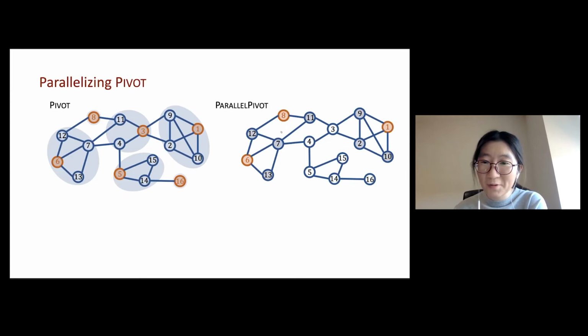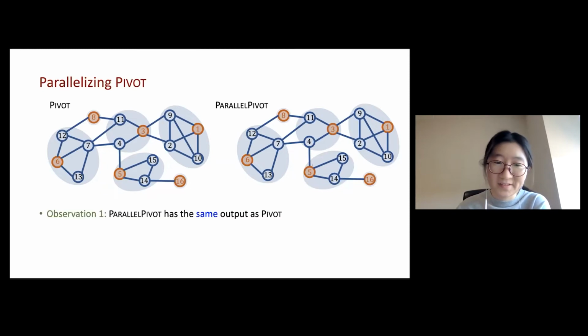And we remove all of them together with all their neighbors. And then in the second round, the only vertex that's a local minimum is this vertex 3. So we mark it as a pivot and we remove it together with its only remaining neighbor 4. And we continue this process in the next round. This vertex 5 is marked as a pivot and we remove it together with its neighbors. And this will be the final output of parallel pivot.